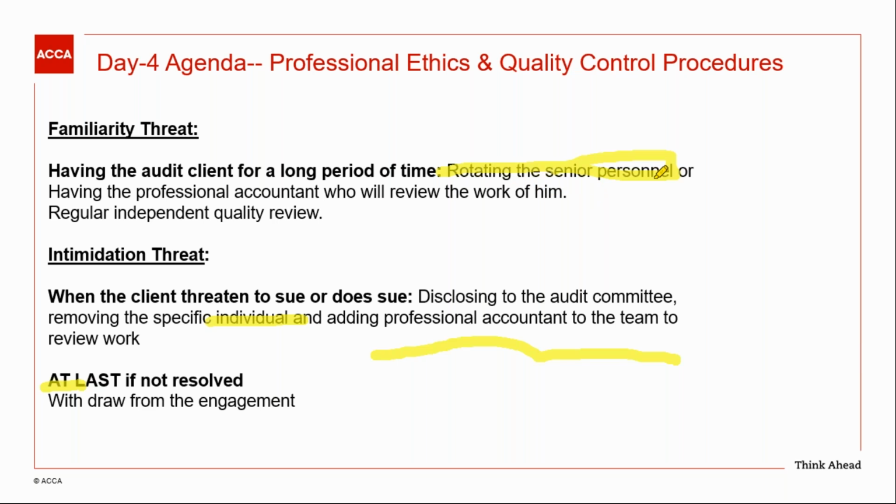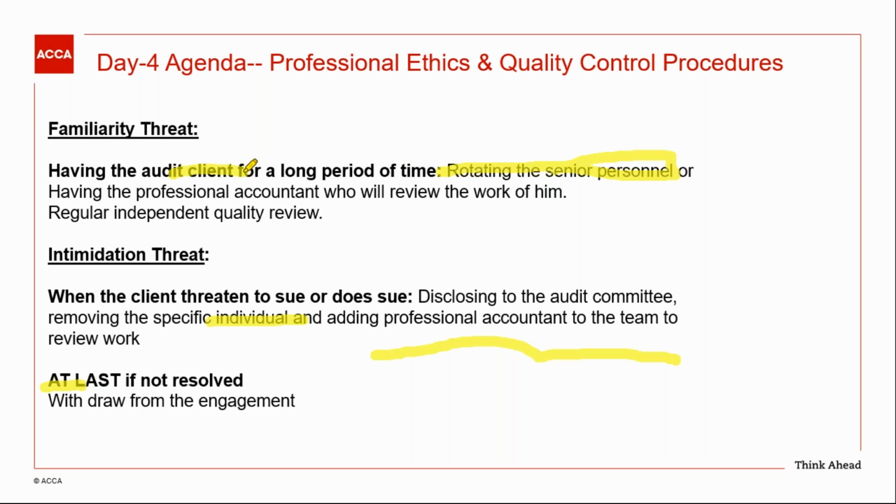Rotating the senior personnel who are doing the audit, or having a professional accountant or second partner review. You can say a regular independent quality review or second partner independent review, who will review the complete audit work, and based on that audit work he will review the audit report. Suppose that the partner has been doing the audit of that client for a long period of time.